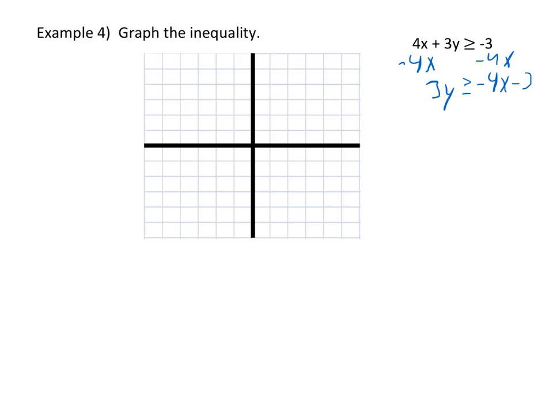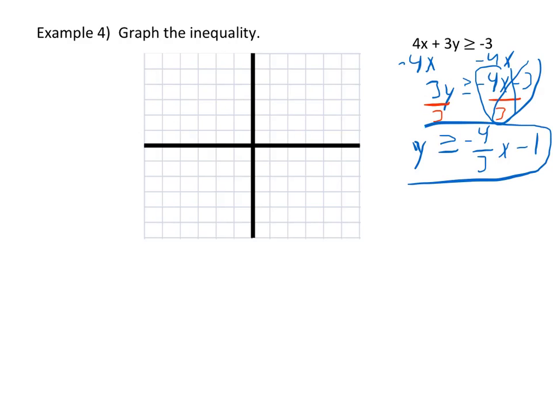Here we're going to divide by a positive 3, which means we do not have to worry about changing the inequality because it was a positive number. And we get this fraction, which is negative 4/3 x, and this fraction, which is negative 3 over 3, or negative 1. So this is what we're going to graph.